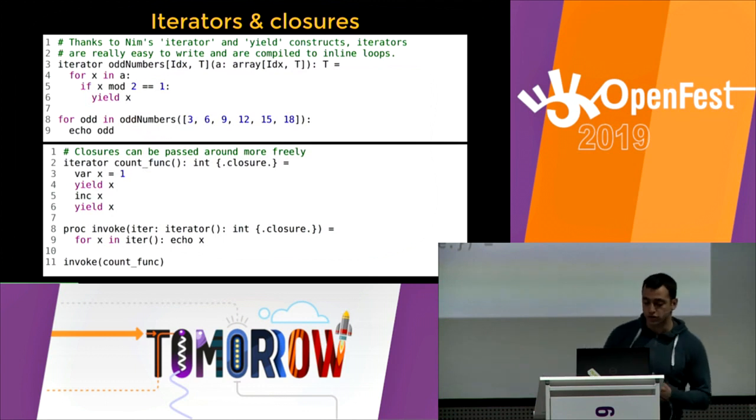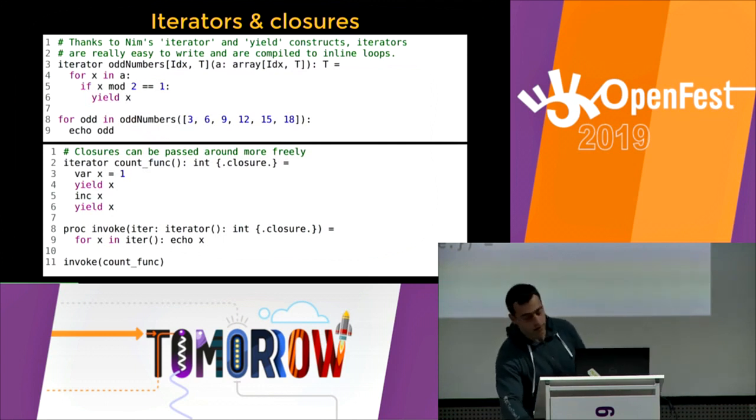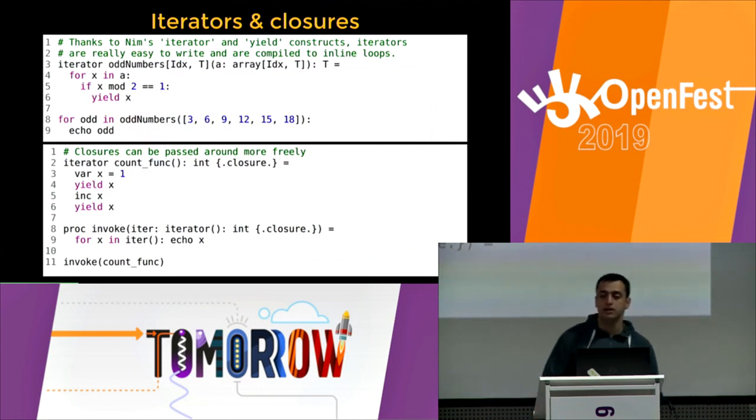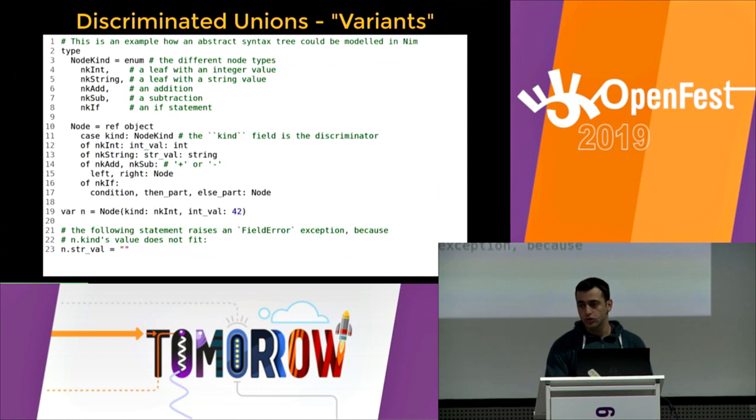So closure iterators, they have state with them. They're a resumable function which can be passed around, and the state can be preserved inside of it. And in this case, we can pass the count function into the invoke function, which accepts a closure iterator, and it can use it inside of it. Anyway, the idea here is not to really dive too much into these features. We'll show a lot more examples in the metaprogramming part.